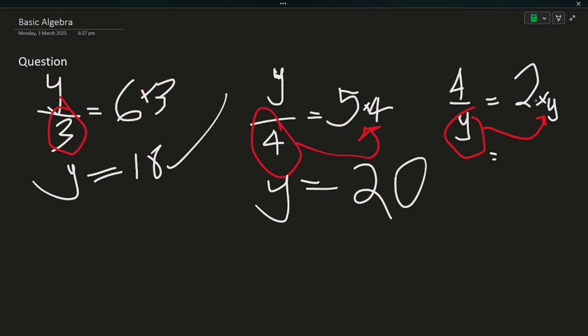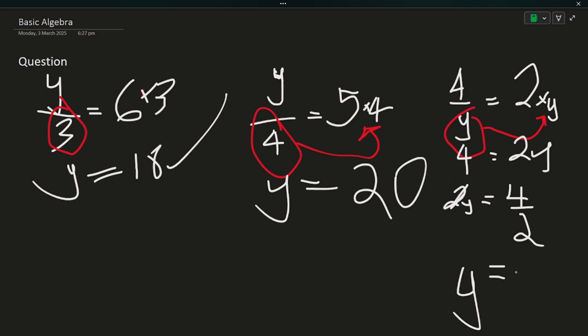We could bring that 2y onto any side, it doesn't really matter which side you do it, but as most people prefer, you bring this 2y onto this side, which makes it 2y equal to 4. Same thing as the multiplication algebra one that I taught you. You bring that 2, cross it off, divide it here by 2, and you get y is equal to 2.